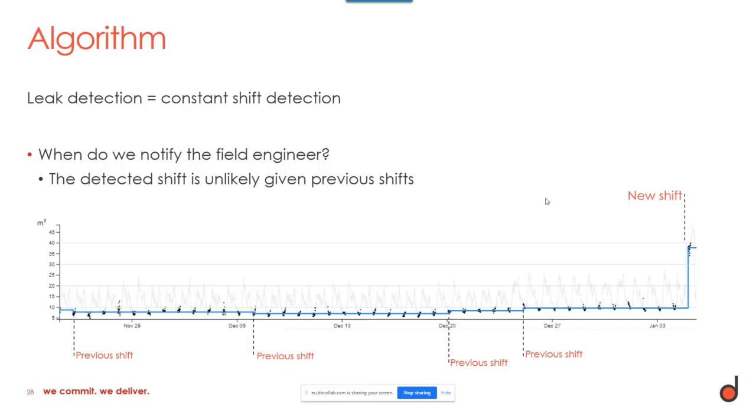Then we calculate the probability of this current blue line, or this current sampled average volume, compared to all the previous shifts. If it exceeds a certain threshold, we send out an alert that something very rare is happening in the water network, and that you should react to it as fast as you can.